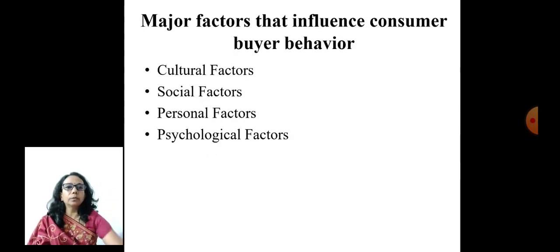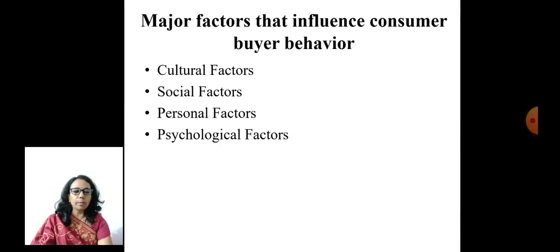Now, major factors that influence consumer buying behavior. Well, cultural factors, social factors, personal factors, and psychological factors do influence consumer buying behavior. Cultural factors: culture is not always defined by a person's nationality. It can also be defined by their associations, their religious beliefs, or even their location.